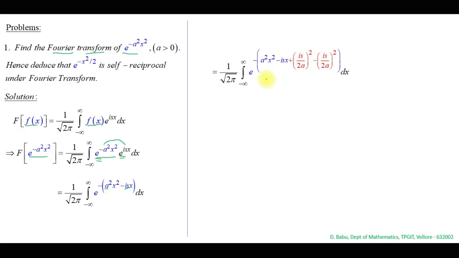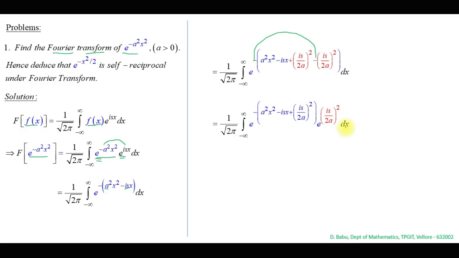Okay. So next, minus into minus is plus. Which can be written as 1 divided by square root of 2 pi, minus infinity to plus infinity, e power minus of these three terms, minus into minus, so e power minus into minus plus, is divided by 2a whole square dx.